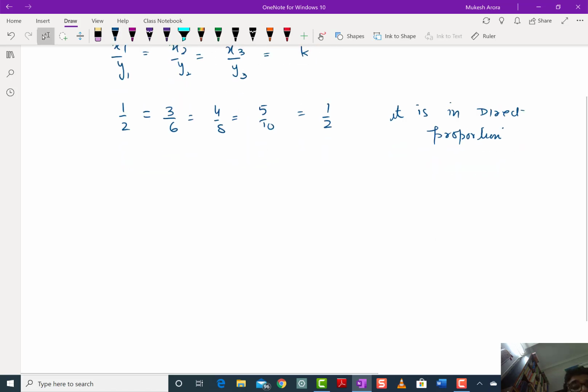Like, if the price of one commodity is increasing, then the cost is also increasing. If the price is decreasing, then the cost is also decreasing. Like pen and cost. If we buy 5 pens, the cost is 20.